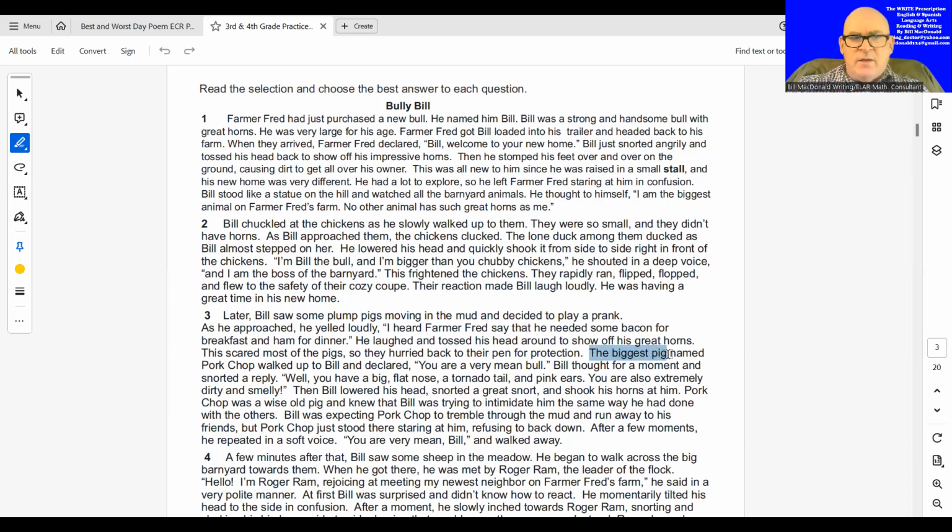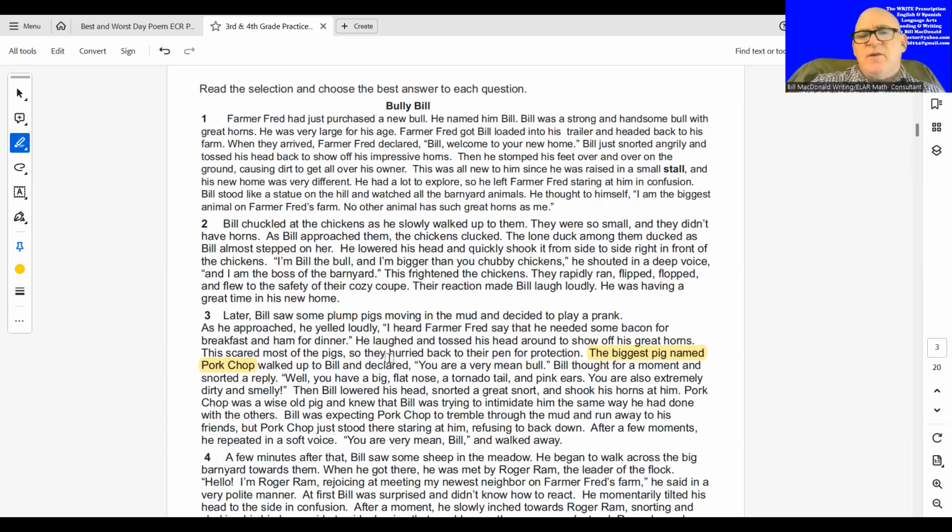Okay, the biggest pig named Pork Chop. Okay, so this is where we slow down and we hone in. We're going to look for, because this is what the lock was about, what key idea, what's the focus, what's the central idea, what's the summary of some of this paragraph.